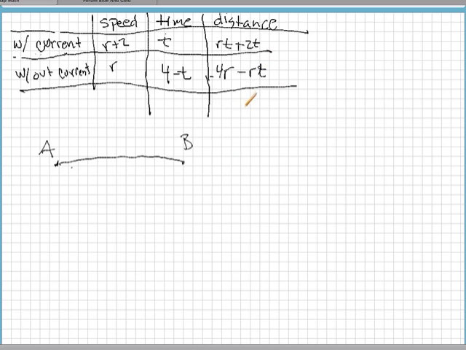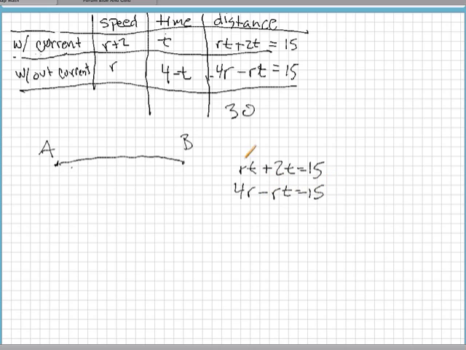So we know that the total distance is going to be 30 in the question, so each way is going to be equal to 15. From here, we're going to use these two equations and do a linear combination. So rt plus 2t equals 15, and 4r minus rt equals 15.